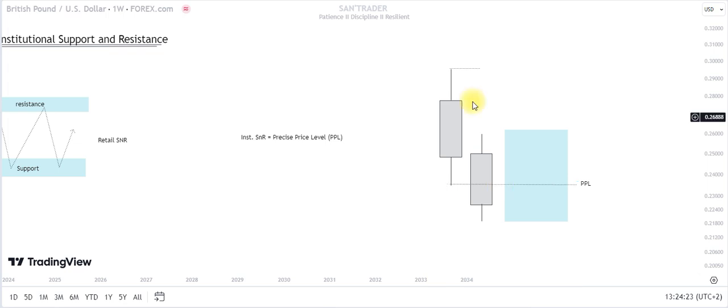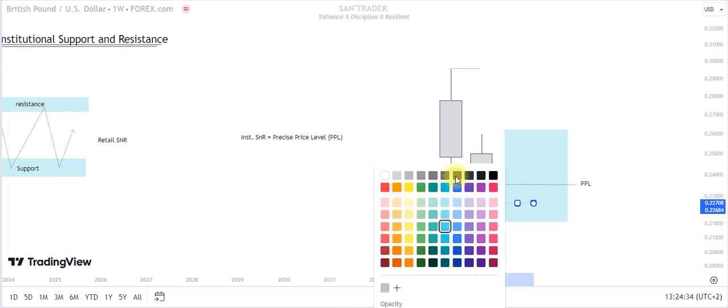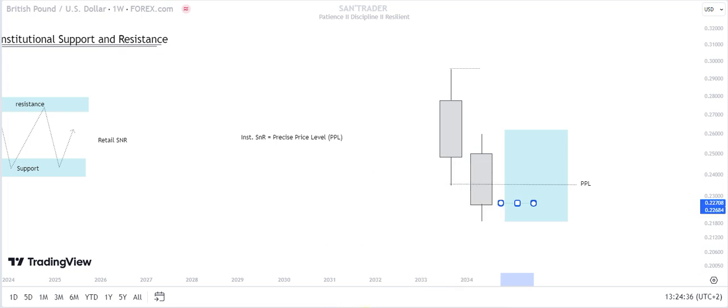Now let's say we were bearish here, all right? The candle opens here, it goes up, and then it goes down, right? So this means that price should take this PPL and come back to the opening price, then goes down.